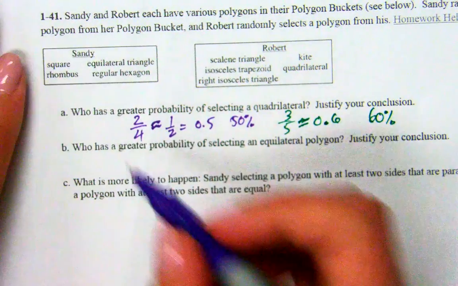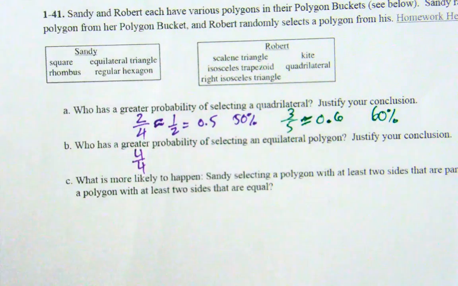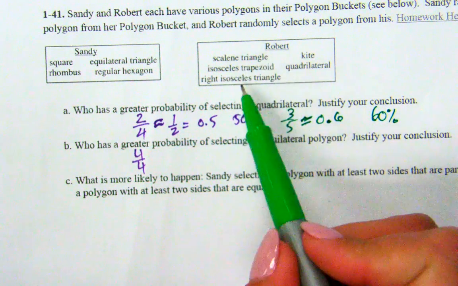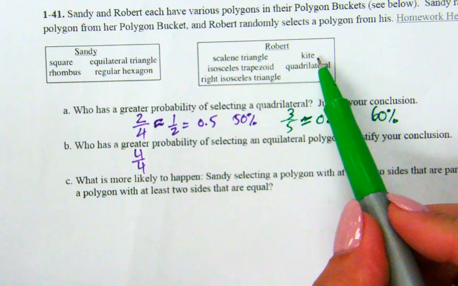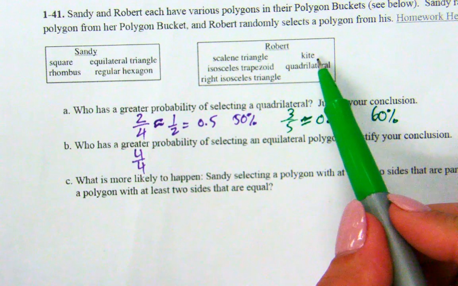So that's an equilateral polygon too, because all the sides are the same. So technically Sandy has a 4 out of 4 chance of getting something out of her bucket that has all the sides equal. Robert, on the other hand, has a scalene triangle, so that just means none of the sides are equal. Isosceles only 2. Isosceles still only 2. A kite, no, that doesn't have equal sides.